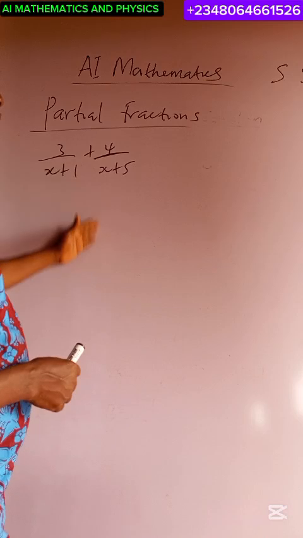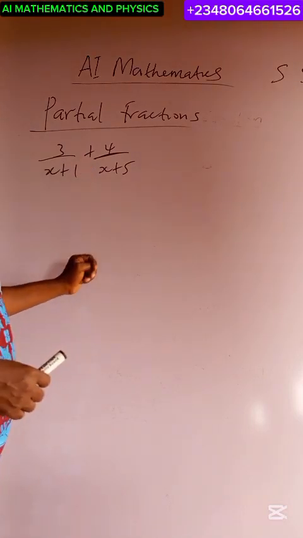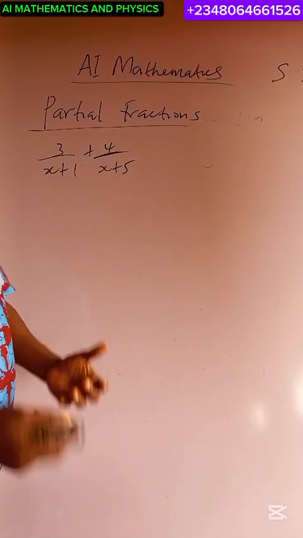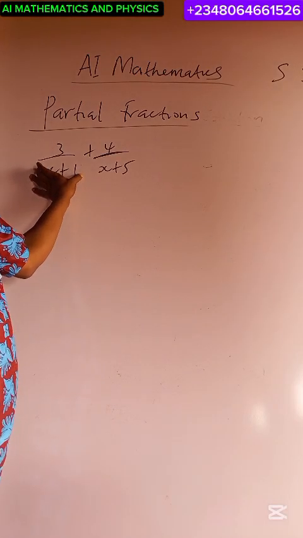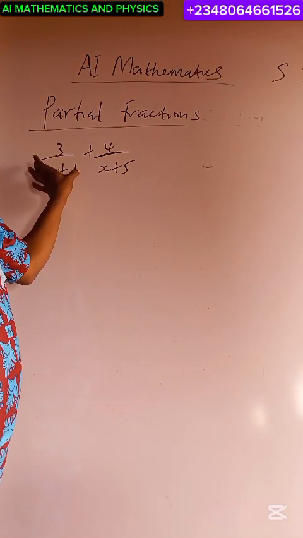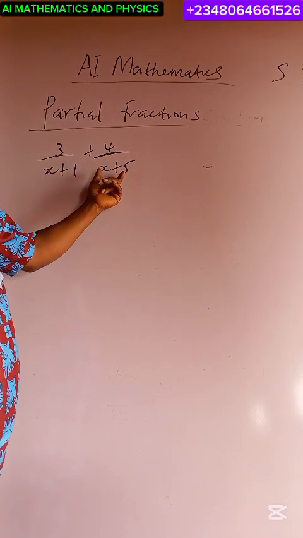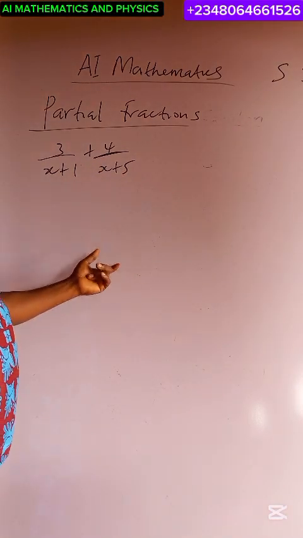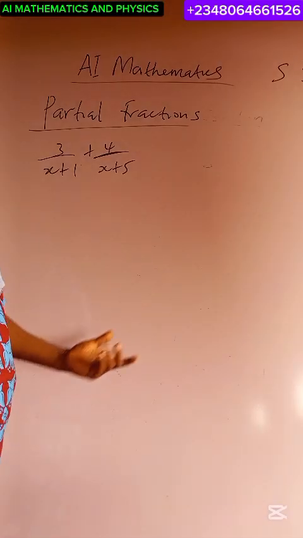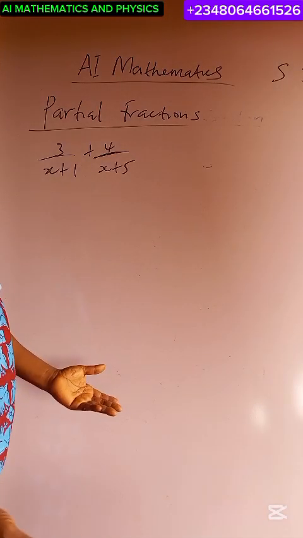Okay, let me simplify this now. To simplify this, like what we were doing in primary school, you find the LCM. LCM means lowest common multiple. Because this one is not obvious, you cannot know if it's 10 or 5 or 15 that is the lowest common multiple. In that case, just multiply the denominators.